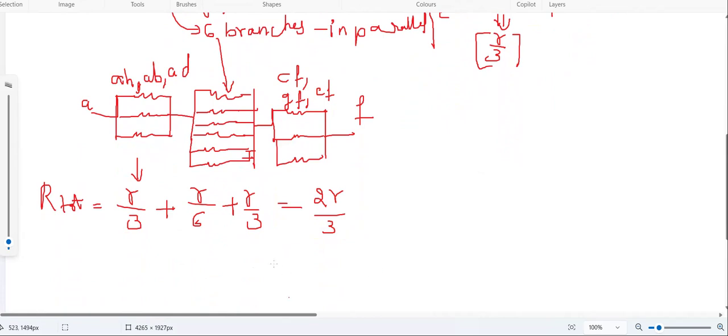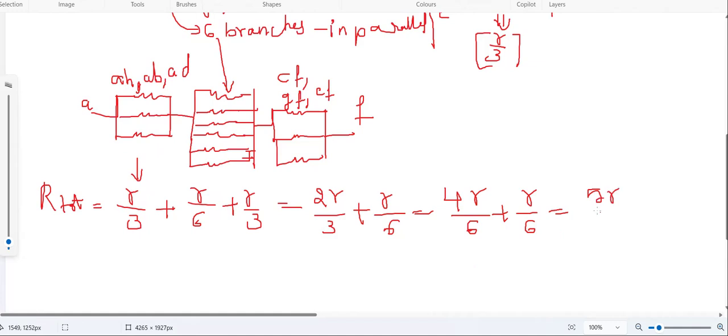So here you got 2R by 3 plus R by 6. So you can write 4R by 6 plus R by 6. Denominators are same, numerators can be added up.